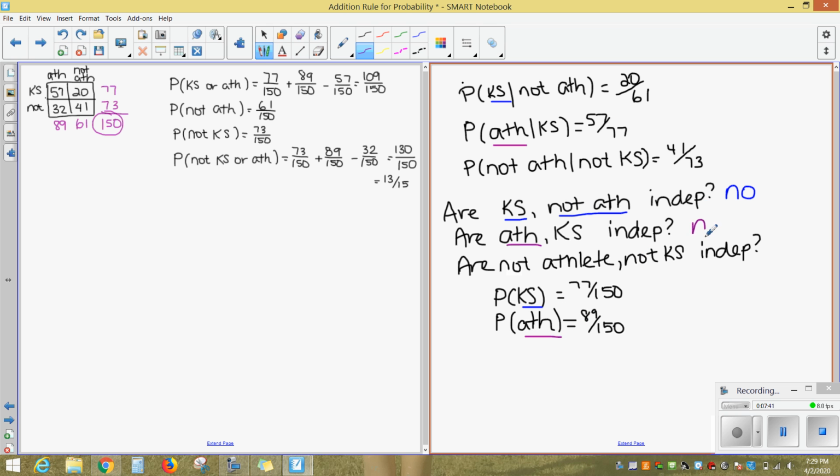So again, we say no. And here, the probability that it's not an athlete, 61 over 150, is not the same as 41 over 73. So none of these pairs are independent. Hopefully this gives you a good start on working on those. Next video, we're going to do some more tree diagrams.